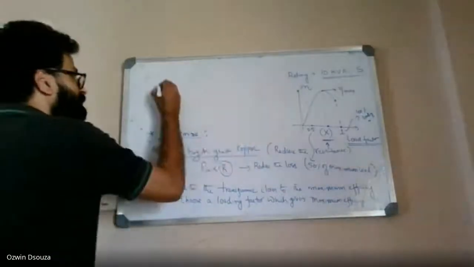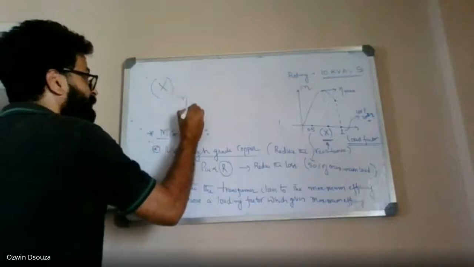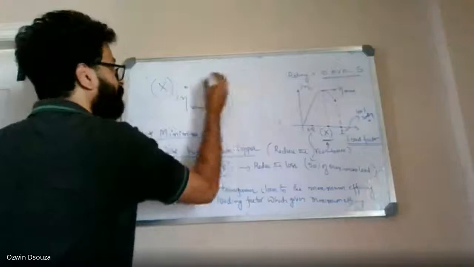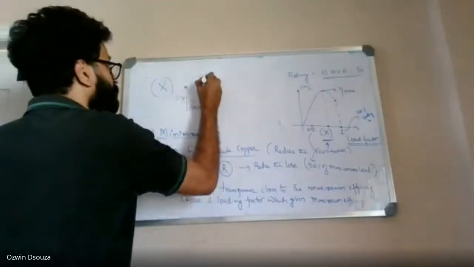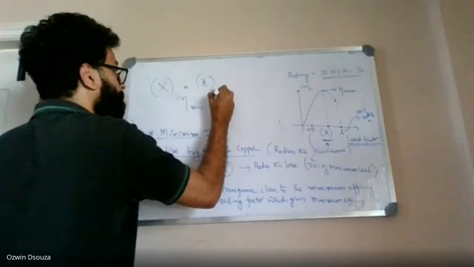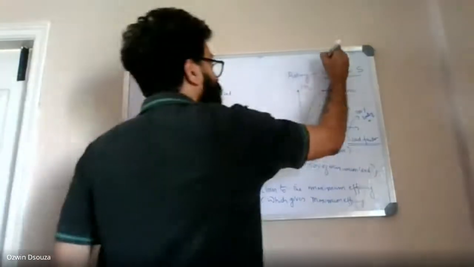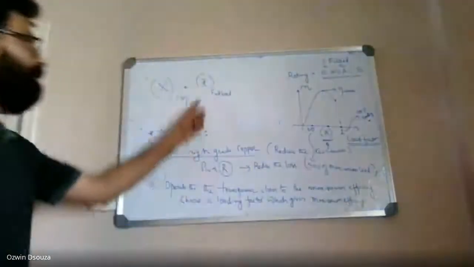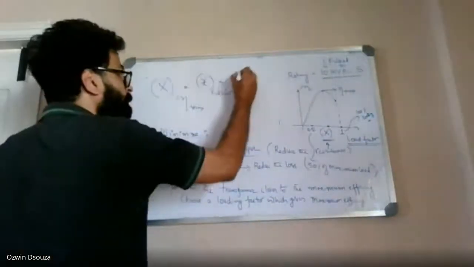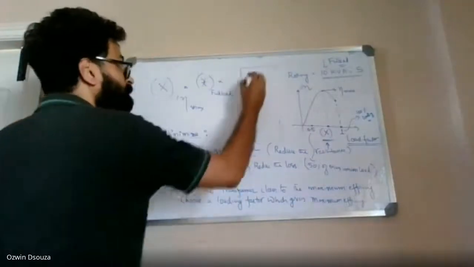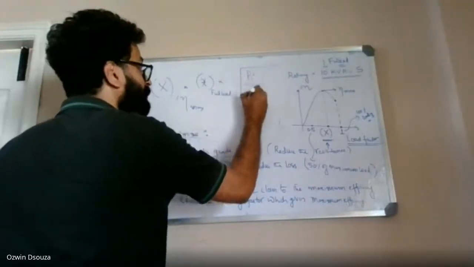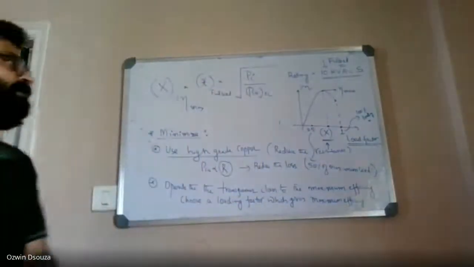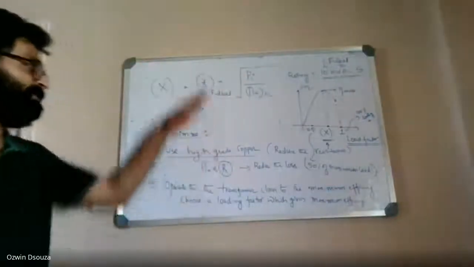Okay, so this X, which gives eta maximum, is equal to load factor, that is X full load into under root iron loss divided by full load copper loss. So this is the formula, under root iron loss by full load copper loss. How to get this formula?